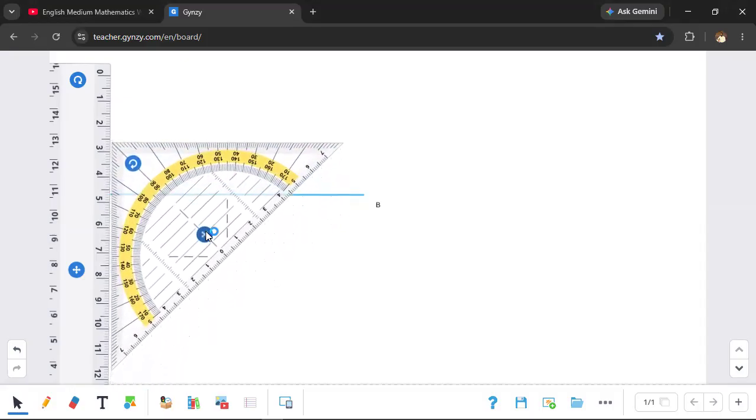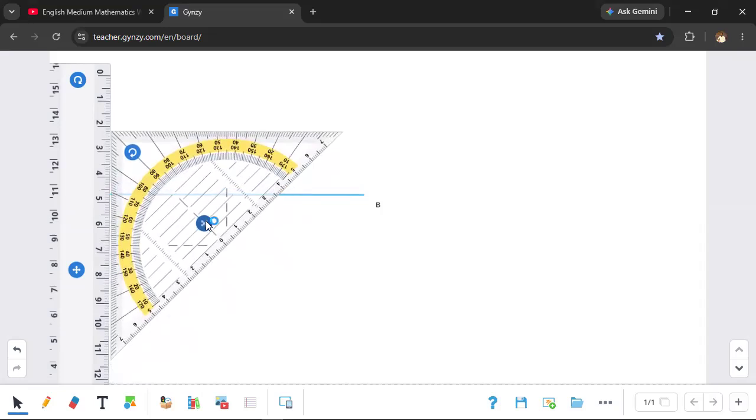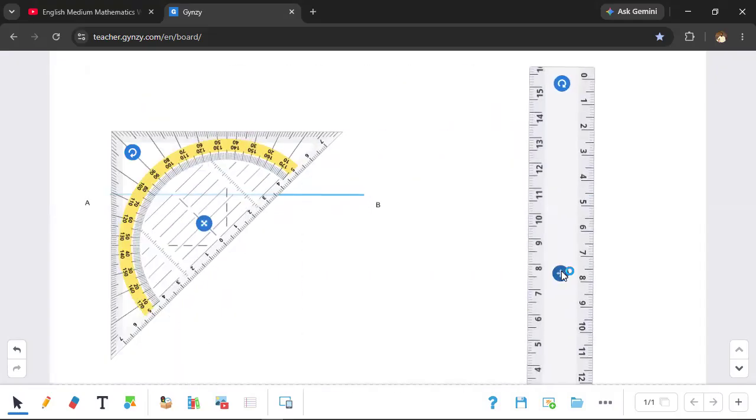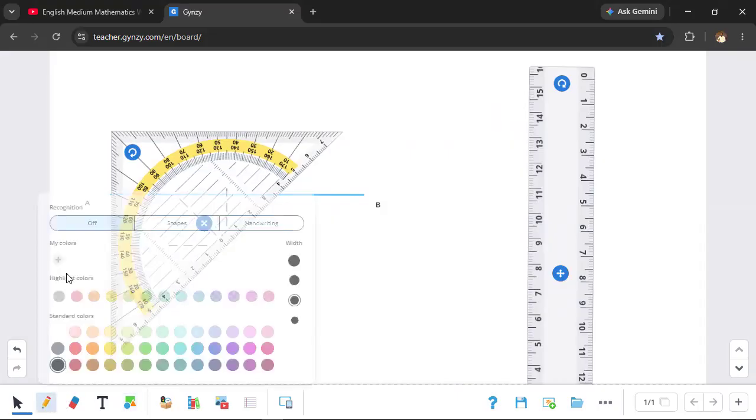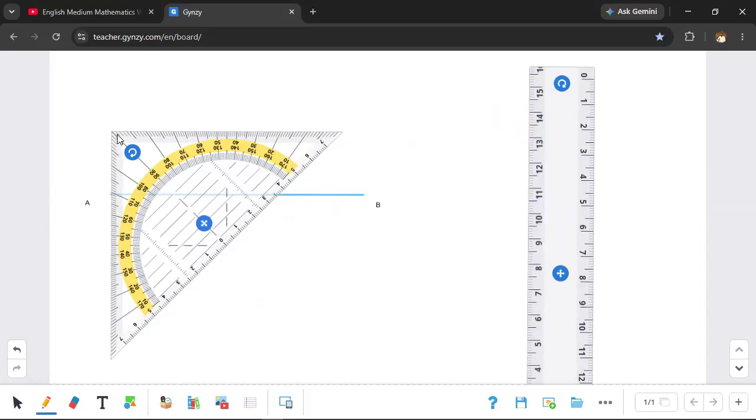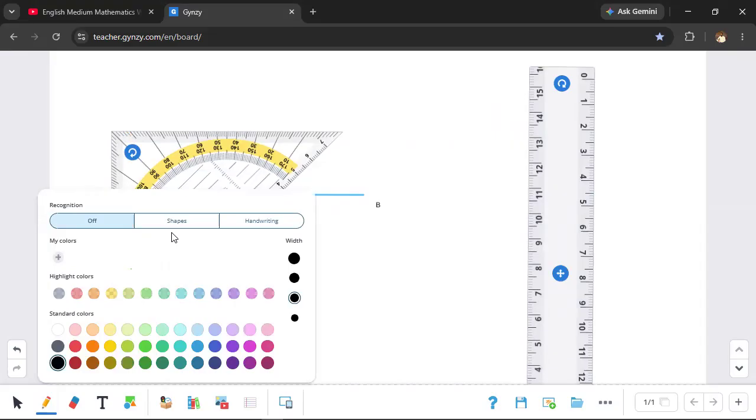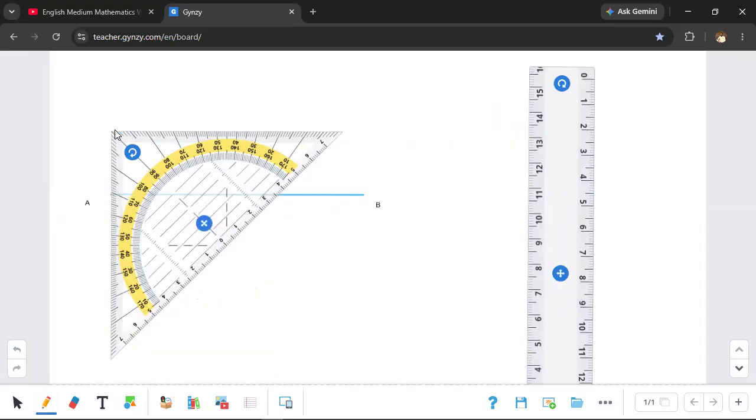Your set ruler should be slid to the top like this. And now you can remove the ruler. Don't change this. Okay. From your right hand side, you have to catch, right? You have to push and you have to tightly catch the set ruler, right? Then draw the top line.